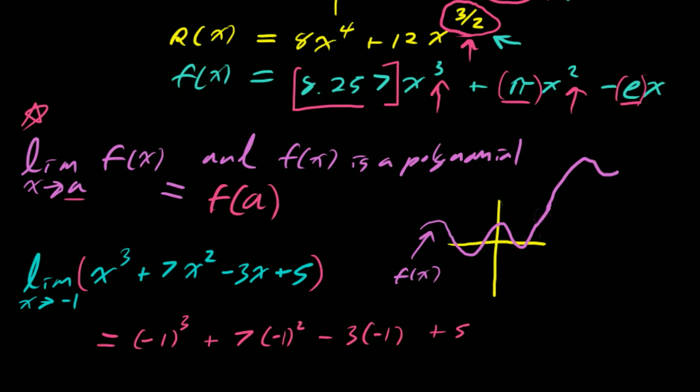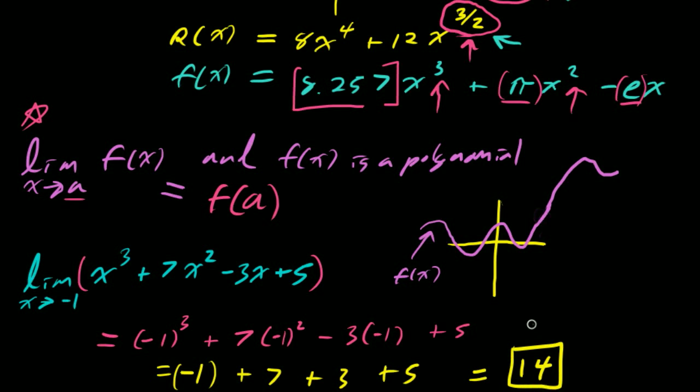And then all of this is going to be equal to -1 cubed, that's just -1 times -1 times -1, which is just -1, plus 7 times -1 squared, so that's just going to be plus 7, minus 3 times -1, that's going to be plus 3, and then we have plus 5. So we've got 7 plus 3 is 10, plus 5 is 15, minus 1 is going to be 14.